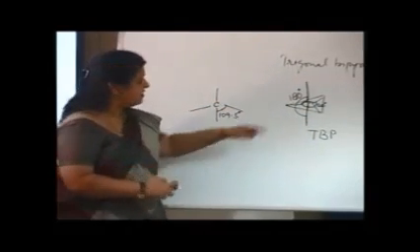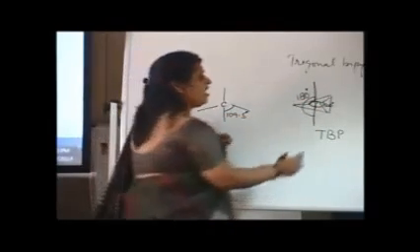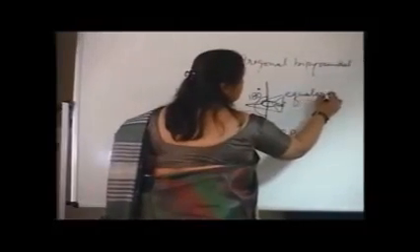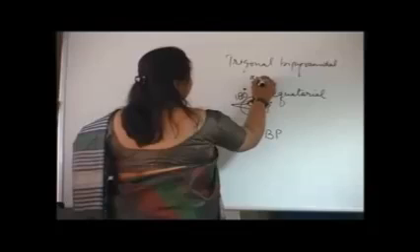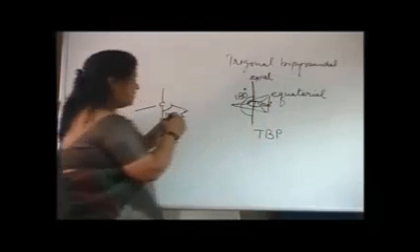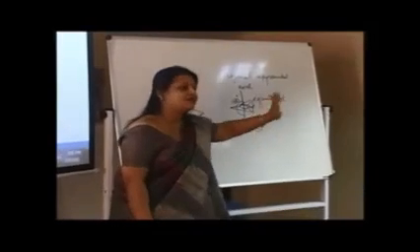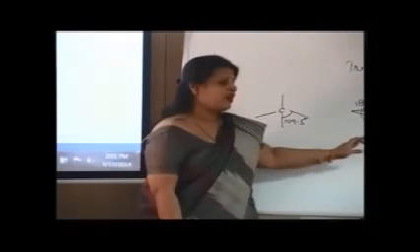These three bonds forming a triangle are known as equatorial bonds, and these two bonds are known as axial bonds. Please, this is a very important point, because later on in hybridization and in certain examples we'll again take care of this point. So please hear it carefully.